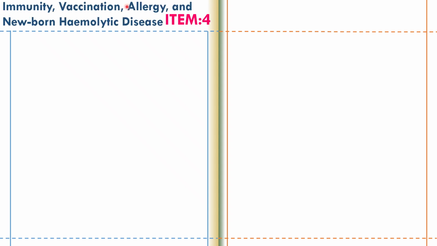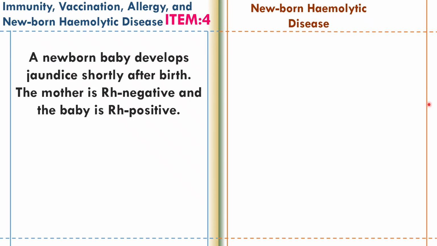Immunity, vaccination, allergy, and newborn hemolytic disease. Item 4. Newborn hemolytic disease. A newborn baby develops jaundice shortly after birth. The mother is rhesus negative and the baby is rhesus positive.